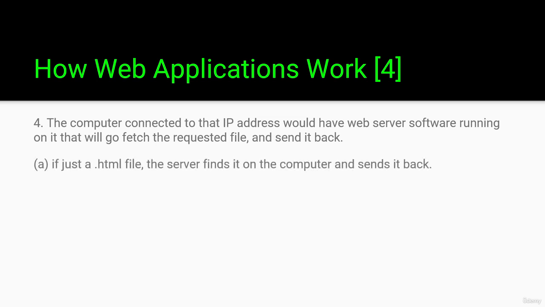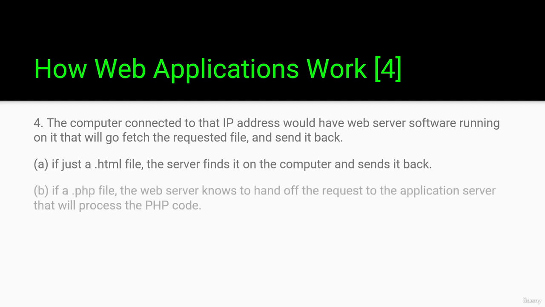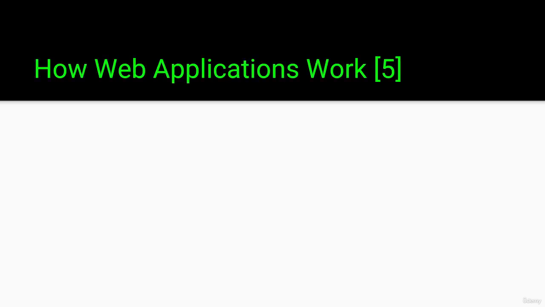If it is just an .html file, the server finds it on the computer and sends it back. But if it is a .php file, or a Python file, depending on the runtime or the stack you are running, in our example a PHP file, the web server knows to hand off the request to the application server that will process the PHP code.